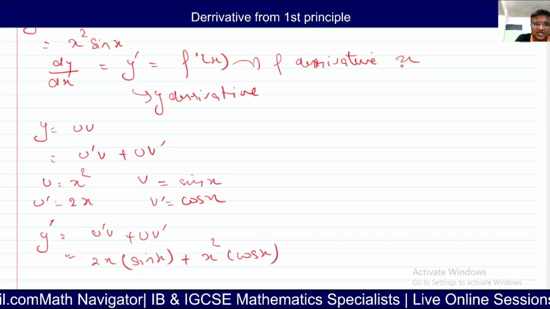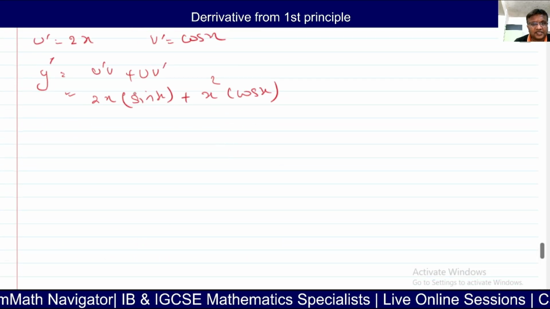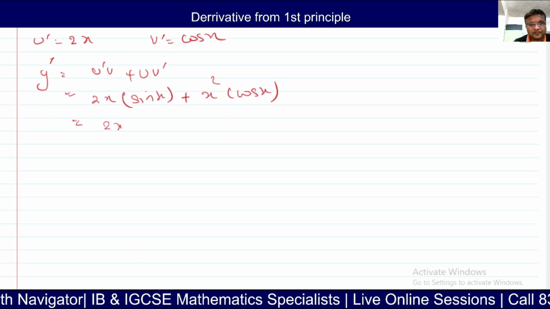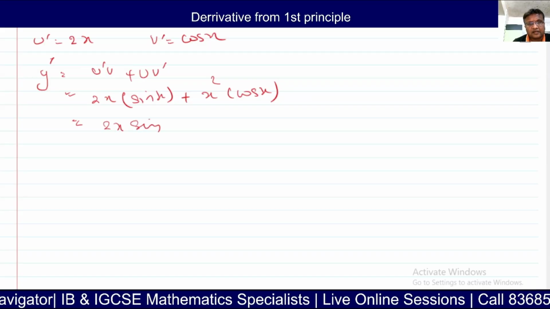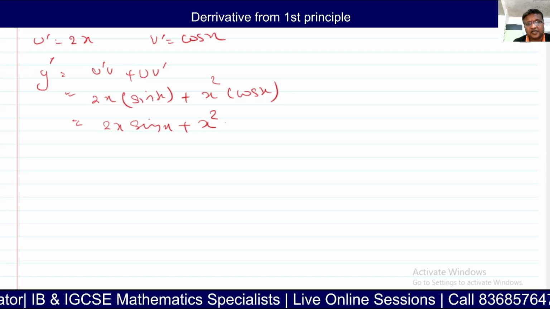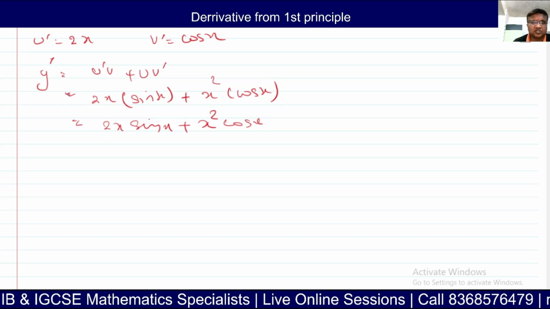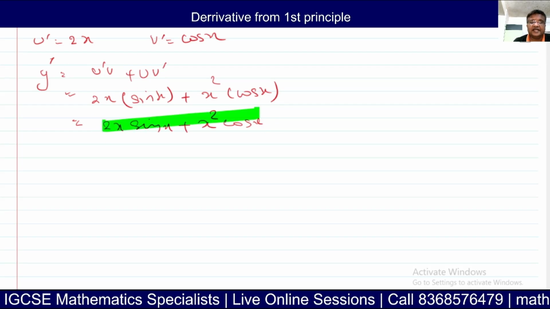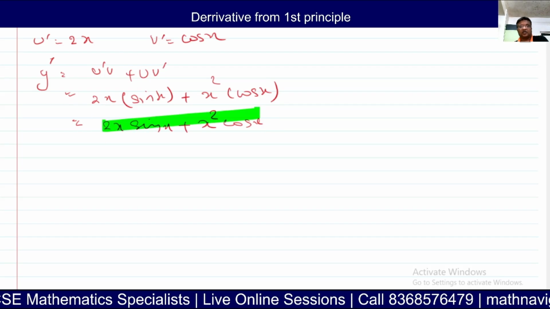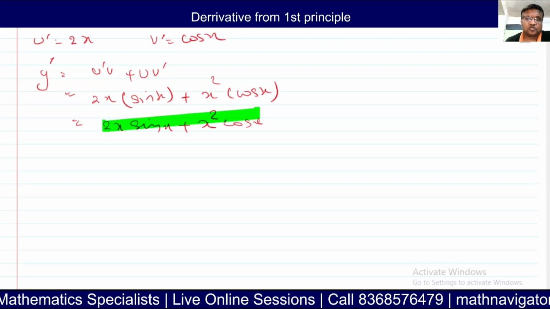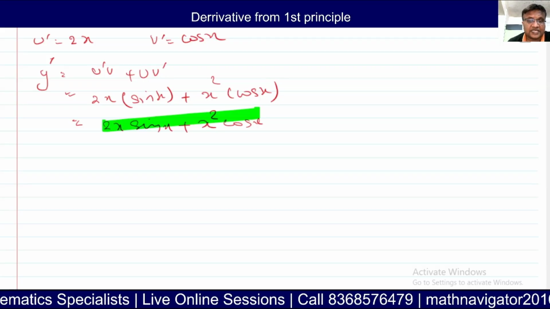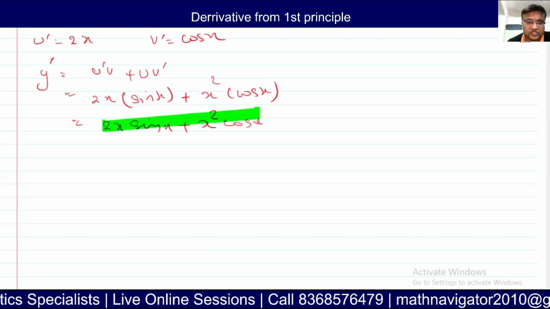So my final answer is 2x sine x plus x squared cos x. So this is my answer, right? This is my product rule, for which you can do various questions from the textbook, or as I've told you, I'll give you the worksheets once I'm live.